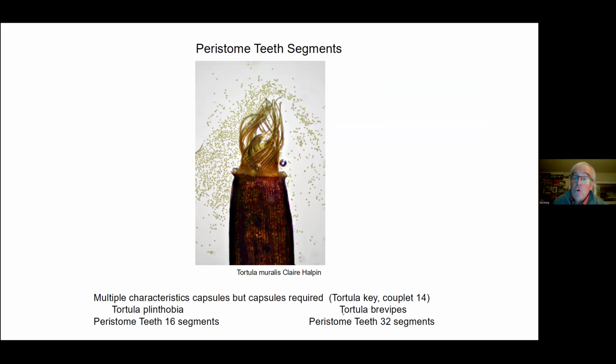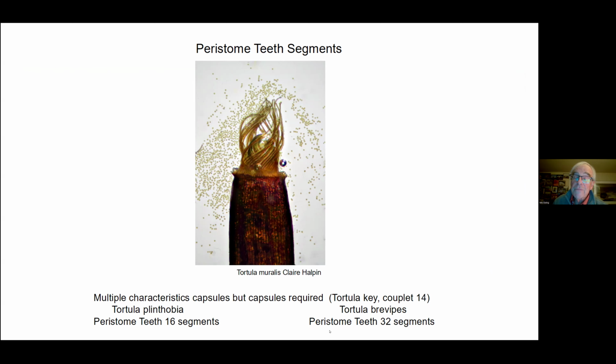This appears in the Tortula key in couplet 14, separating Tortula planothoba from Tortula brevipipes. In Tortula planothoba, there are 16 peristome teeth in 16 segments, and in Tortula brevipipes, the peristome has 32 segments.